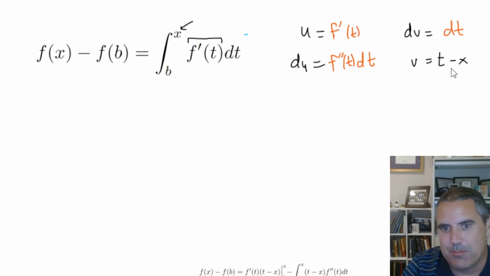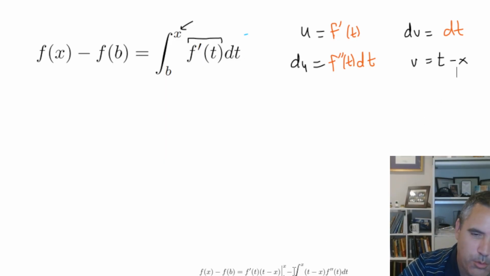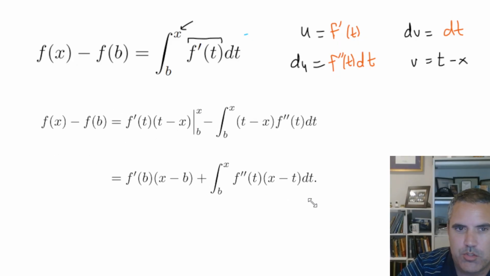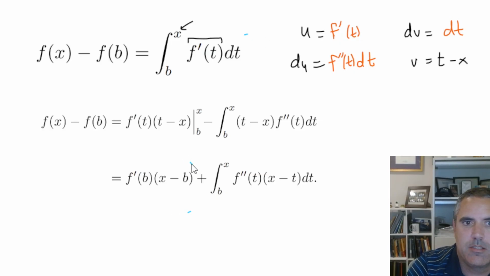Yes, it's t minus x. So you choose a constant other than 0, which we don't normally do. But the point I wanted to make is not to go into that. I just wanted to say it's integration by parts.